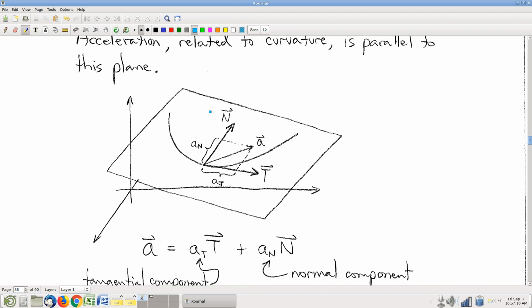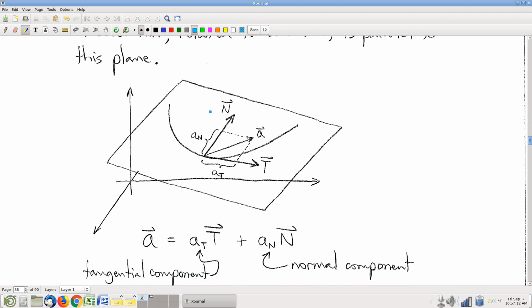So acceleration, unsurprisingly, is going to be some combination of those. Think about how you drive a car, right? As you're going around a turn, you might be hitting the accelerator, but you're also turning.